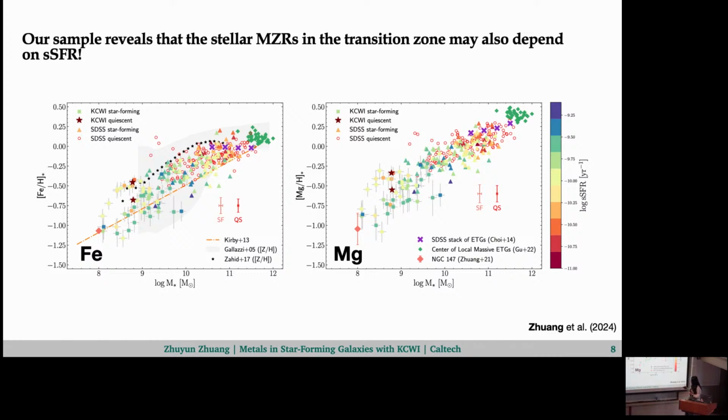And this effect becomes more clear at the lower mass end. This again says that starvation is probably really working here. So when the galaxy is on its way to becoming quiescent, it becomes more and more chemically evolved because star formation is eating the existing ISM, and eventually the galaxy dies.